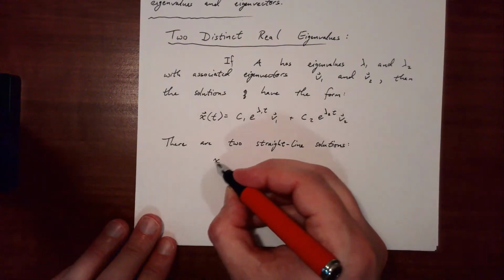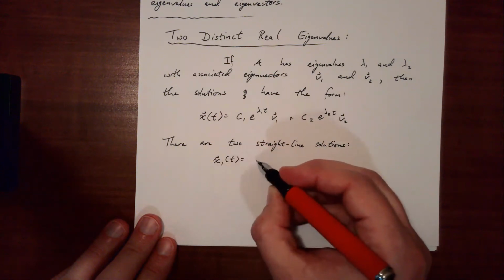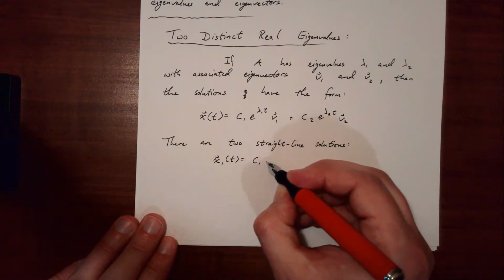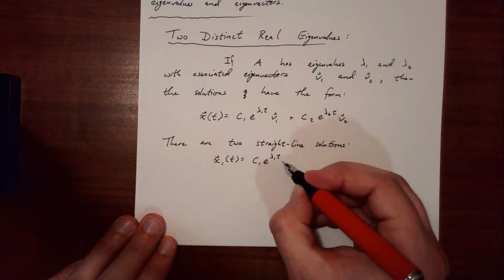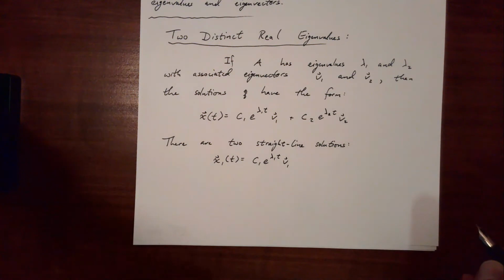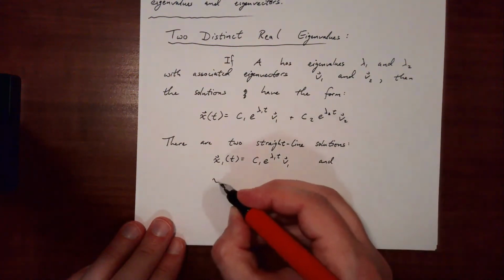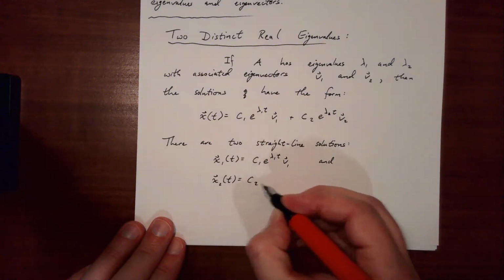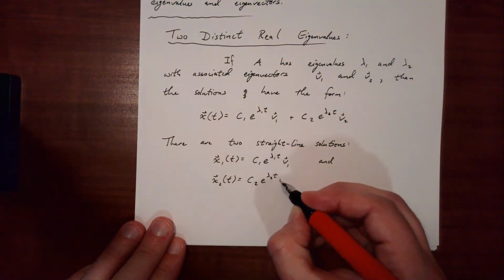We can call them x1 of t is equal to just c1 e to the lambda 1 t v1, and x2, which is the other one, c2 e to the lambda 2 t v2.